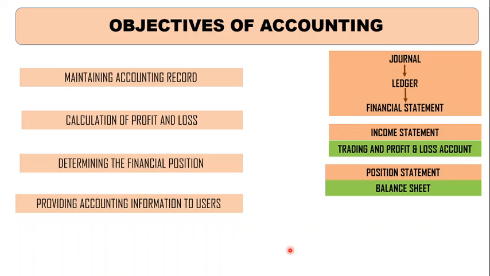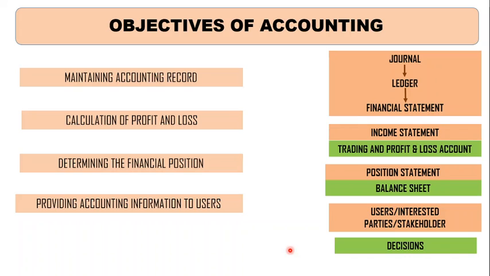Okay, then management or a manager. Okay, so the analysis and interpretation of the financial statement is done to suit their objectives. So basically, the accounting information is analyzed and interpreted, and then it is communicated to the user. So this is also one of the objectives of accounting, that they have to provide the analyzed information to the users. Okay, and users, or we can say interested parties, are also called stakeholders.